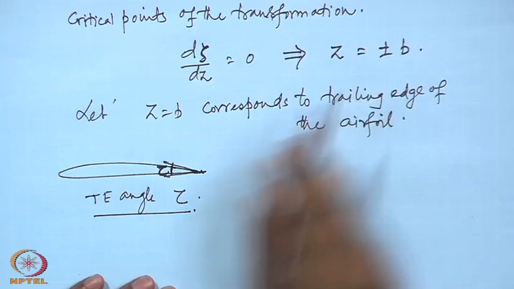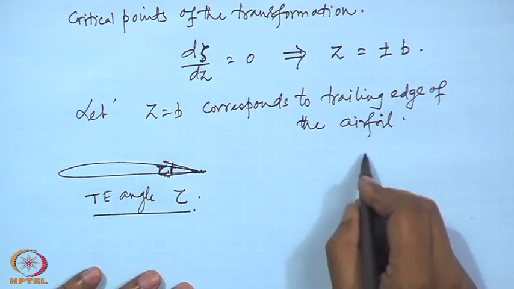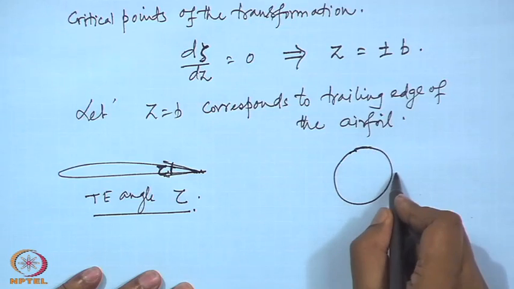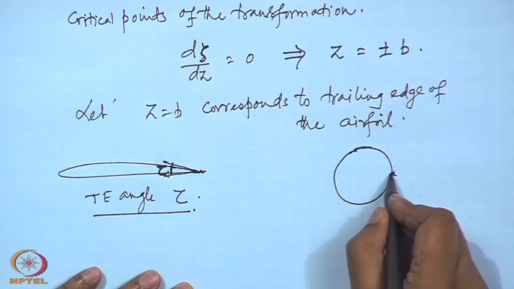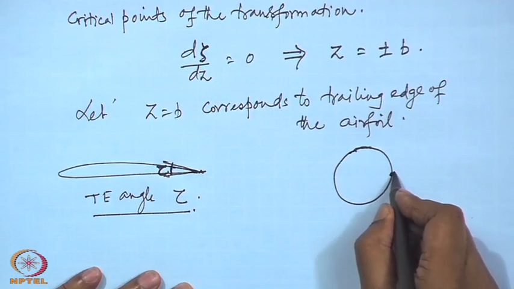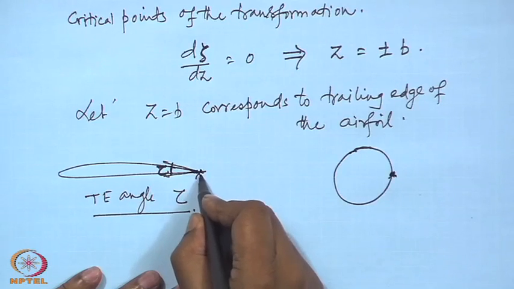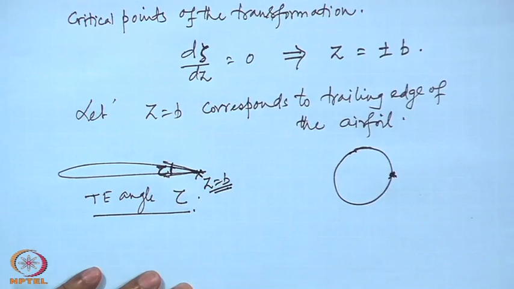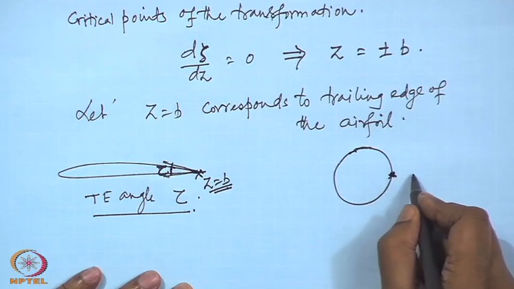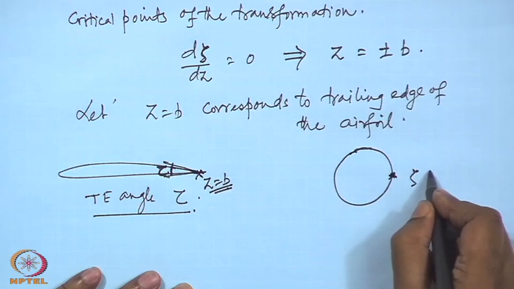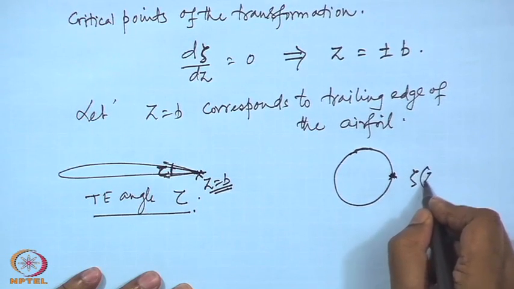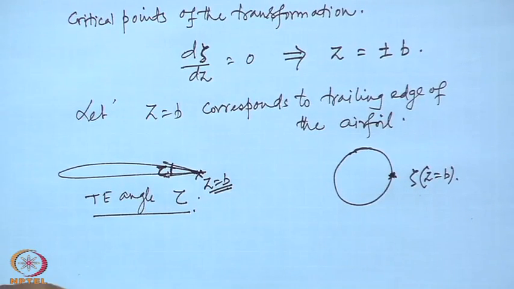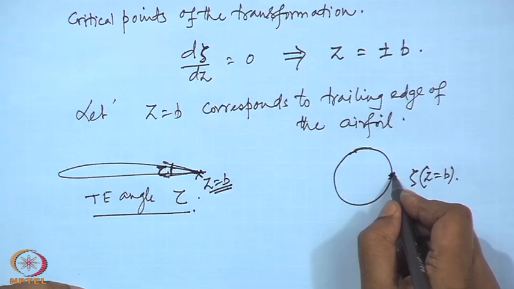This is the point that corresponds to z equal to plus b. On the transformed plane, this must also correspond to some point on the circle. Let us say this is the corresponding point. This is z equal to b in the z plane, and in the zeta plane it corresponds to this. So, how much is this trailing edge angle tau?